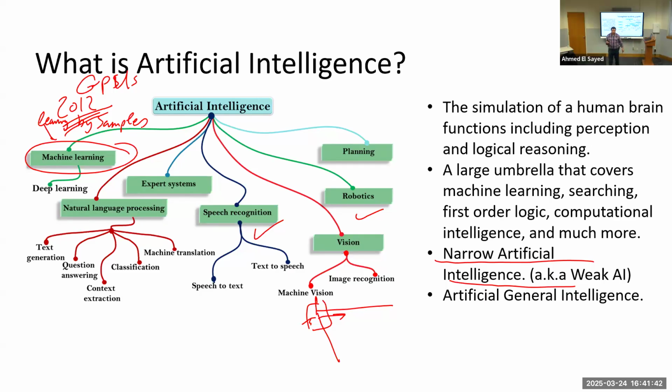So we are trying to collect as many examples as we can that are concerned with a specific problem. Then we are trying to build a model, and this model should be able to learn from those samples. Machine learning basically comes from statistics.